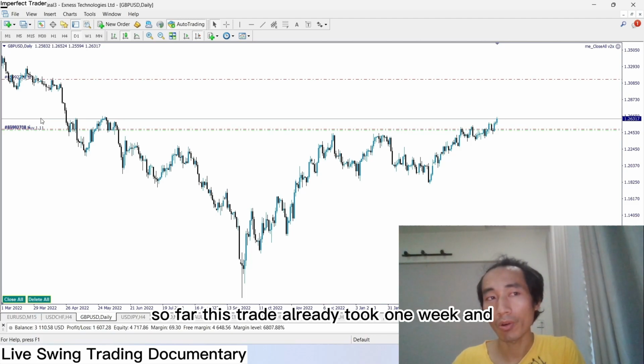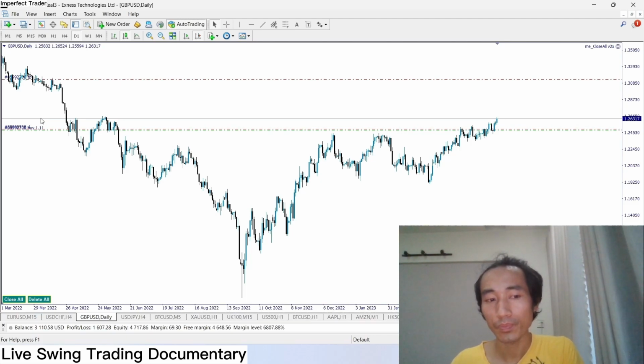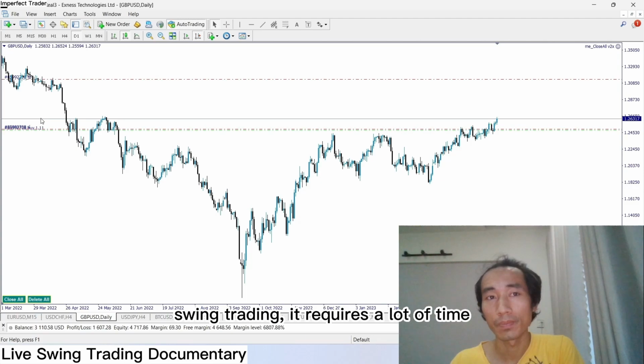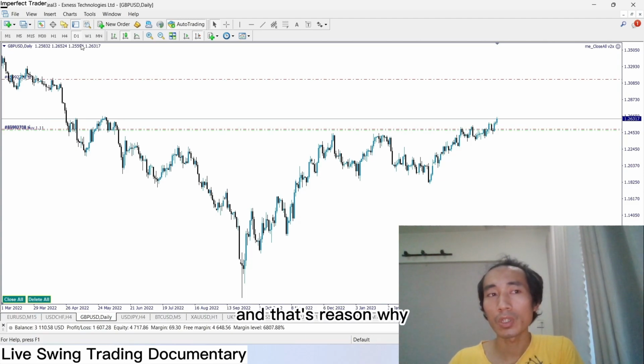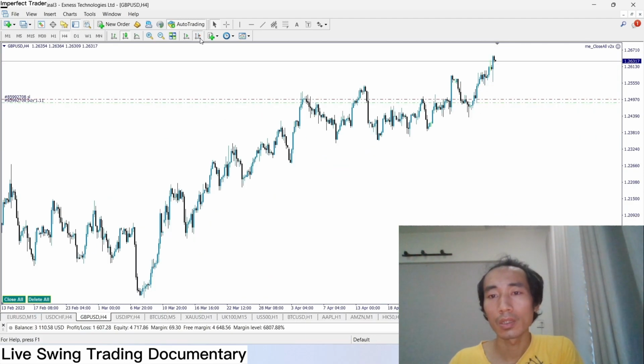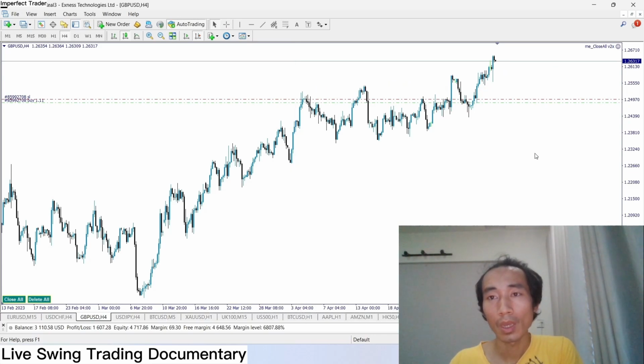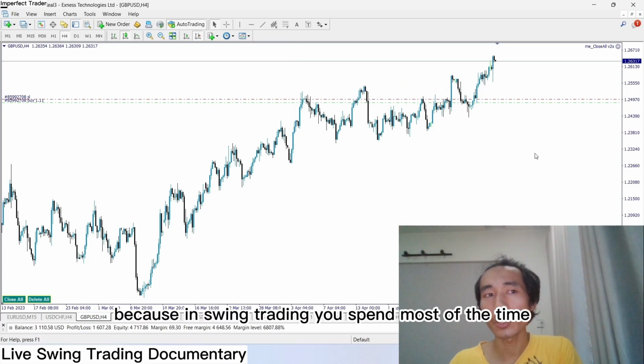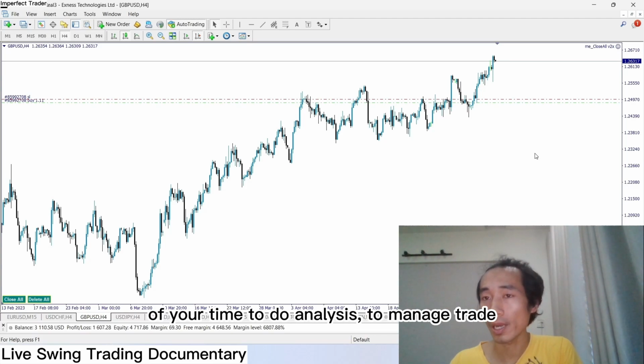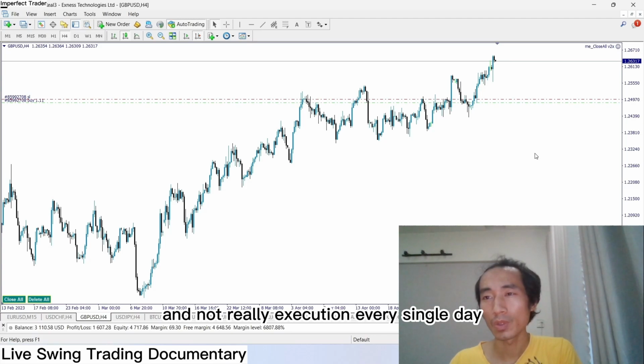So far, this trade already took 1 week, and you can see that swing trading requires a lot of time. That's the reason why I want to show you what it's like to swing trade, because in swing trading you spend most of your time doing analysis and managing trades, and not really executing every single day.